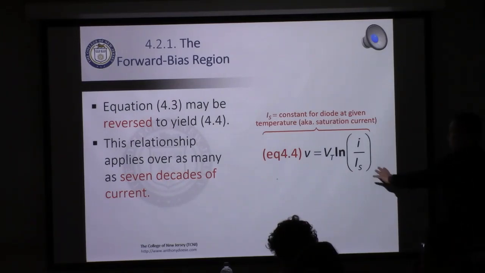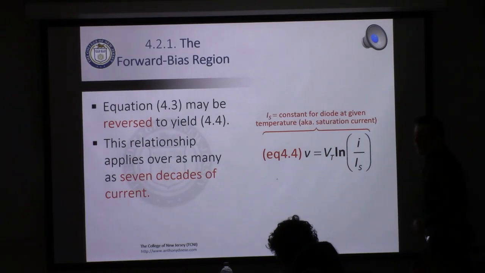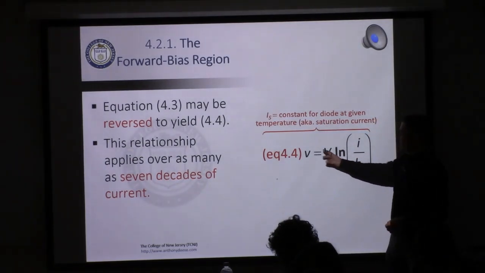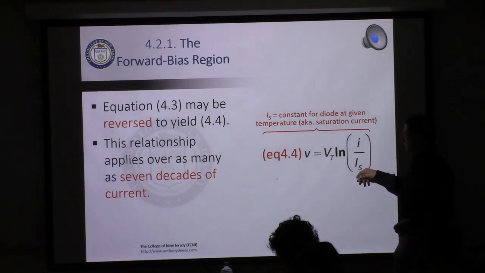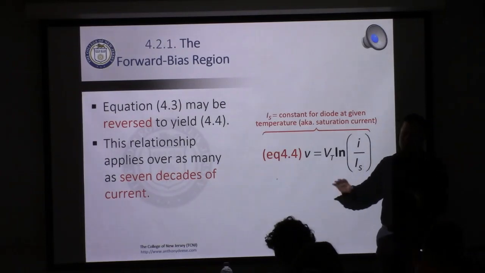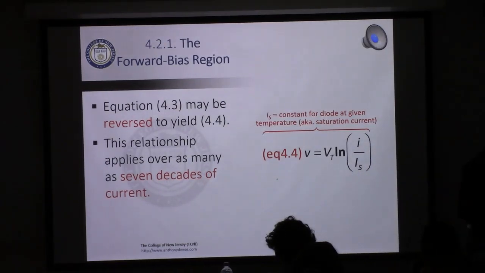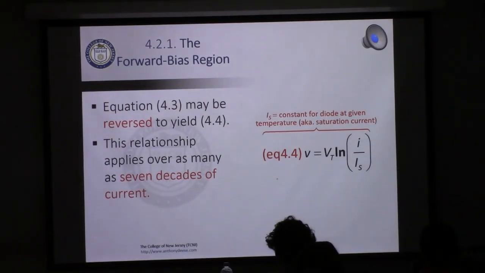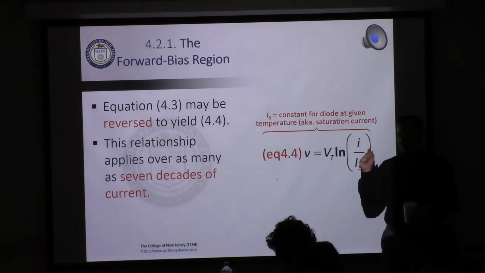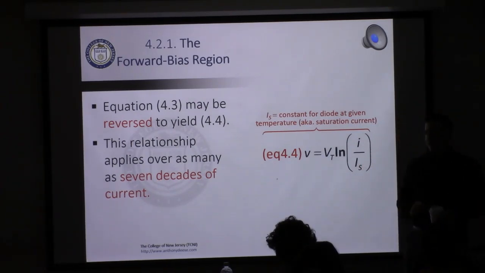Okay, the forward bias region, continuing on with that, if we assume that we don't have the minus 1, then this is an inverse expression for V and I. So you can calculate V from I. But again, this only works going down to where V approaches 250 millivolts. And so this relationship shows us that we have huge increases in current that are associated with very small changes in voltage.